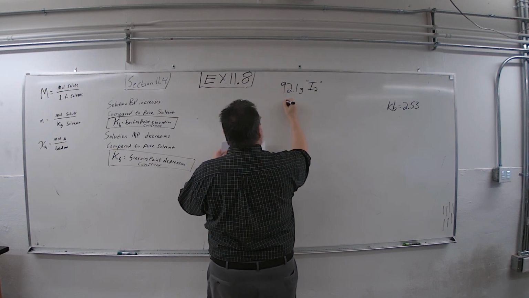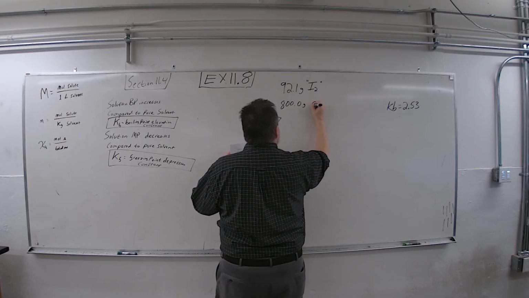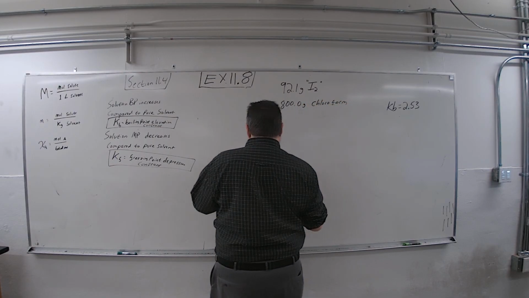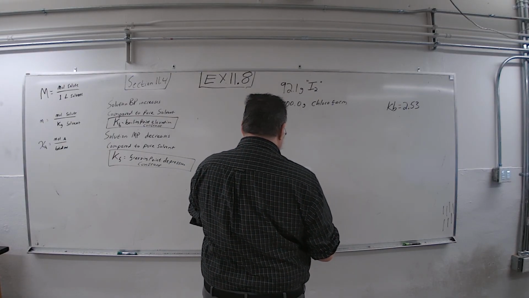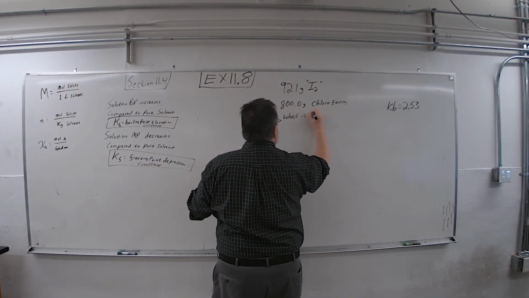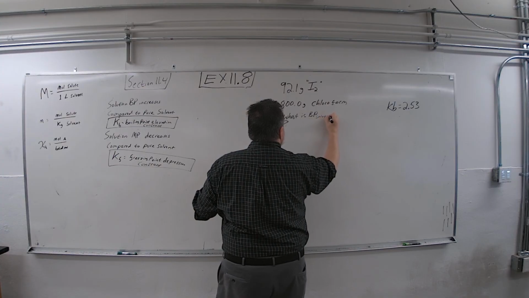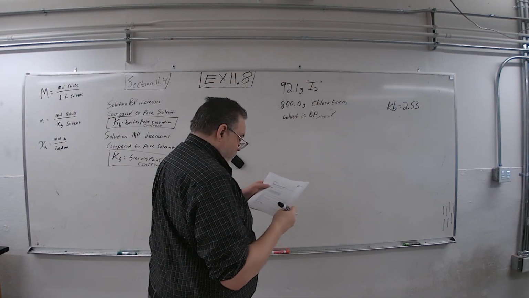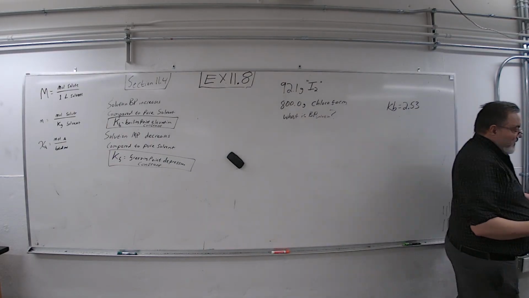And what's the new boiling point of this solution? You also need the boiling point of iodine, and they don't give you that. I guess they expect you to look.